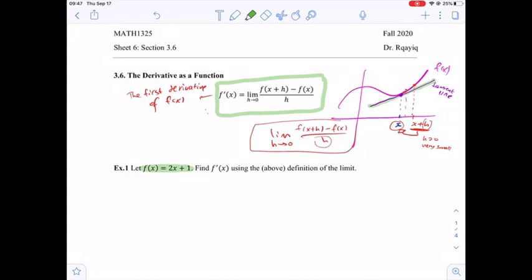When we learn some rules, we can apply them right away, and we don't need to spend that time finding the limit, which includes simplifying and using some algebraic manipulations. So for now, we have this formula. This formula is called the limit definition of the first derivative.